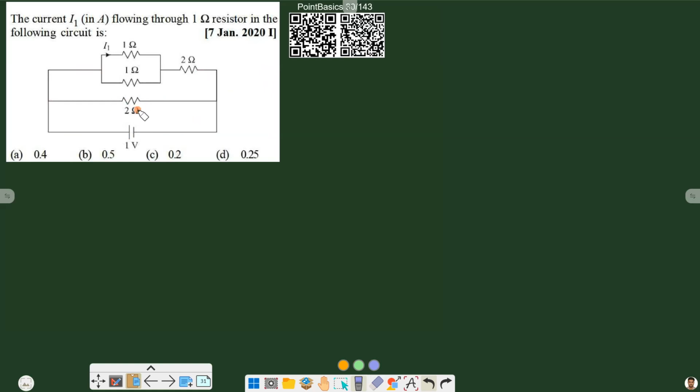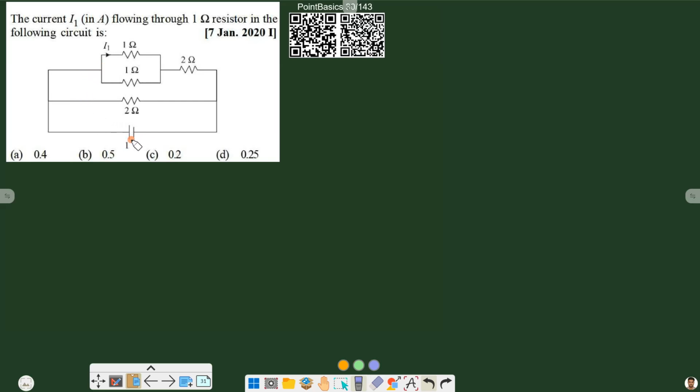this 1 volt potential is connected across this series combination. So here we can ignore the 2 ohm resistance because both of these are in parallel, and in case of an ideal power source, we can assume that this 1 volt battery can provide sufficient current to both of these.